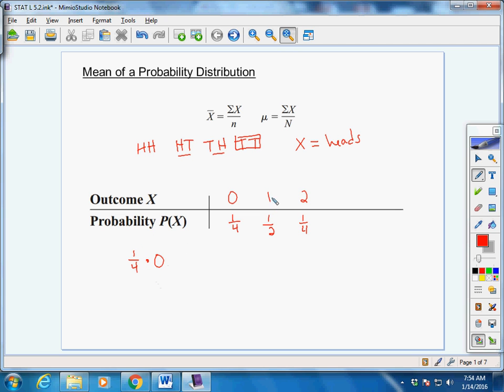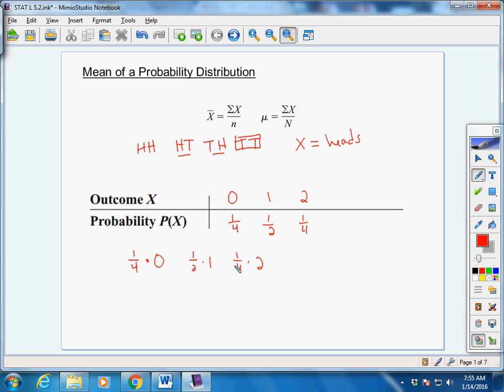You're going to expect that you get 1 head half of the time. And you're going to expect that you get 2 heads, again, 1/4 of the time, if you're going to actually try to figure this out or get as close as you could.